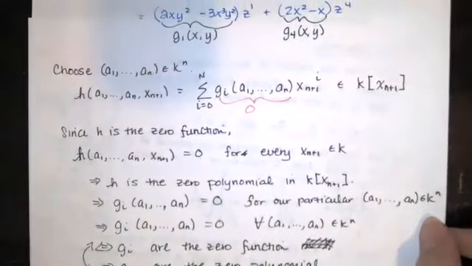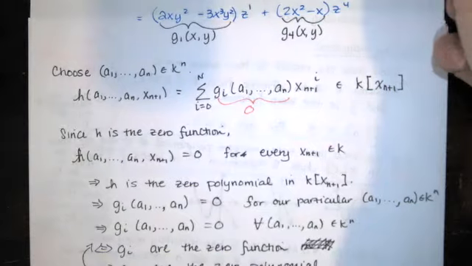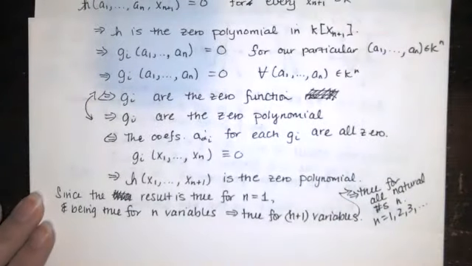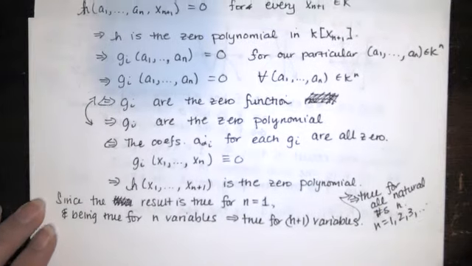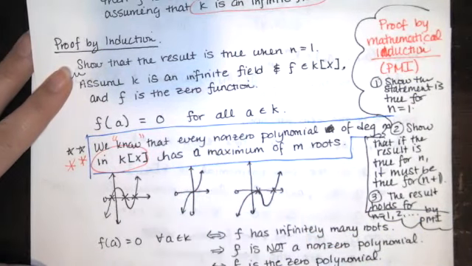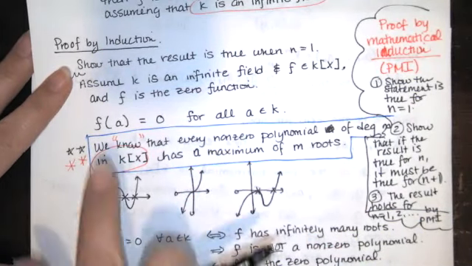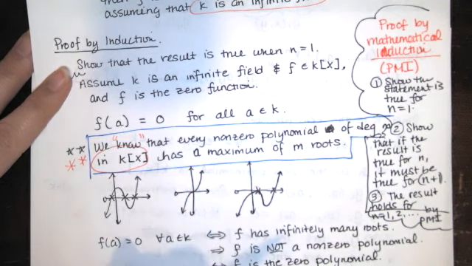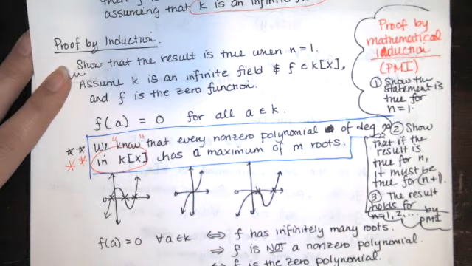And let me see on the second page, did we use the fact that k was infinite anywhere else? No, I don't think we did. So I think it kind of is cheating using this fact right here, because we know it's true for the reals, we know it's true for the complex numbers, but I don't think we ever proved that it was true for this. That might be a fun little exercise to prove as well.